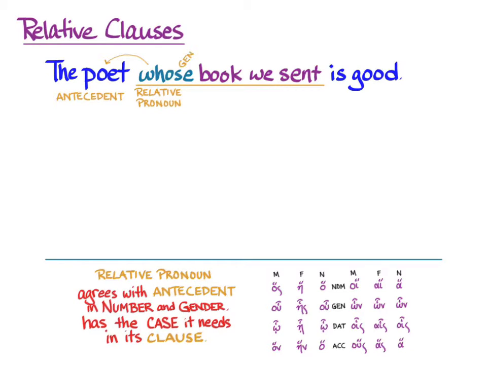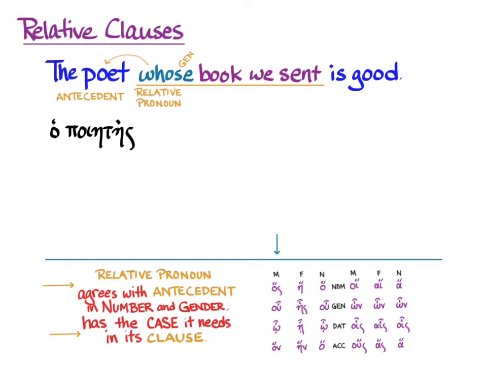Okay, here's our second example sentence. The subject of the whole sentence is the poet. Here we have that again. Then we look at the first rule and our antecedent, and we know that it has to be a masculine and singular relative pronoun to agree with the gender and number of the antecedent. The second rule has us look at what our relative pronoun is doing in the relative clause.